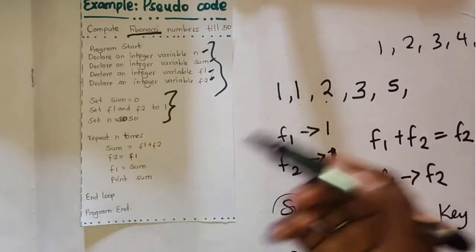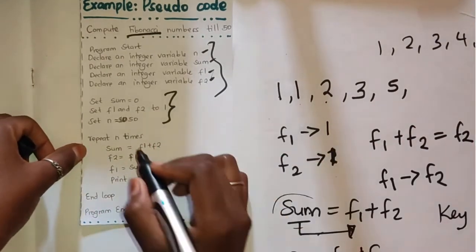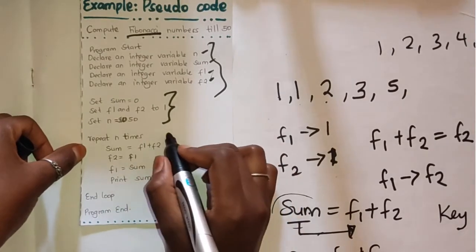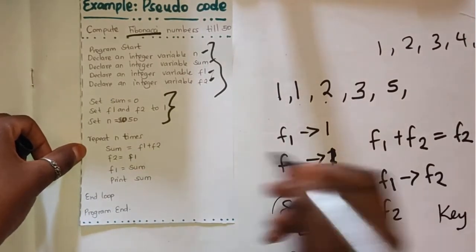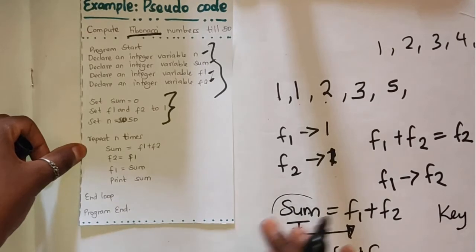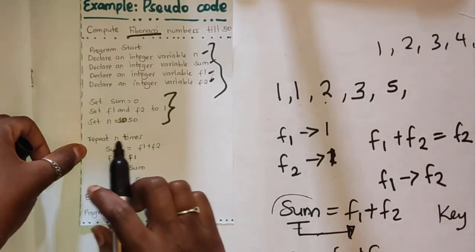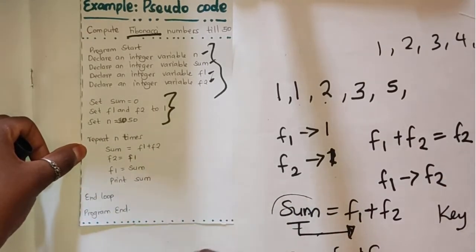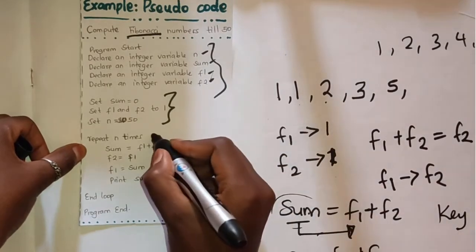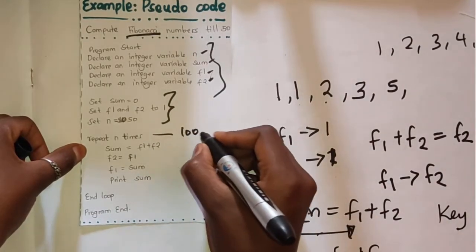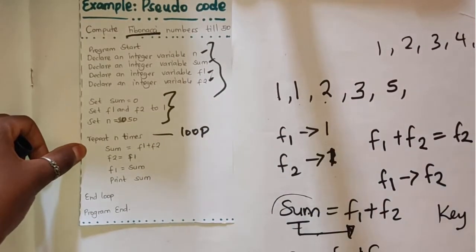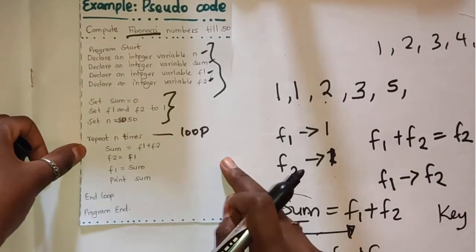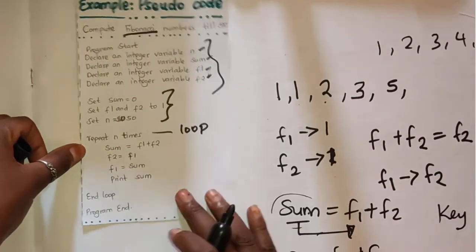Then as I was saying before, I mentioned looping. You could use a while loop, but this is easier to understand by anyone: saying repeat n times to mean loop. Instead of saying while this is less than this, you just say repeat n times, okay?